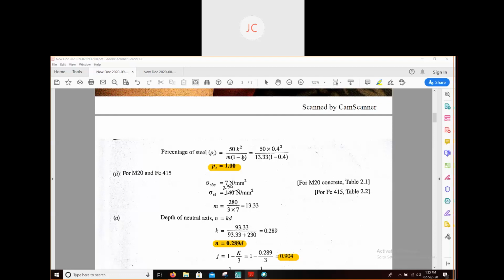I think something is wrong. Check your calculation again. 1.467?